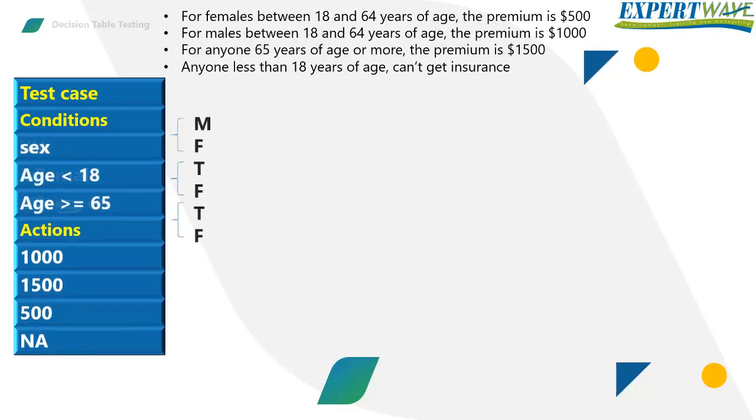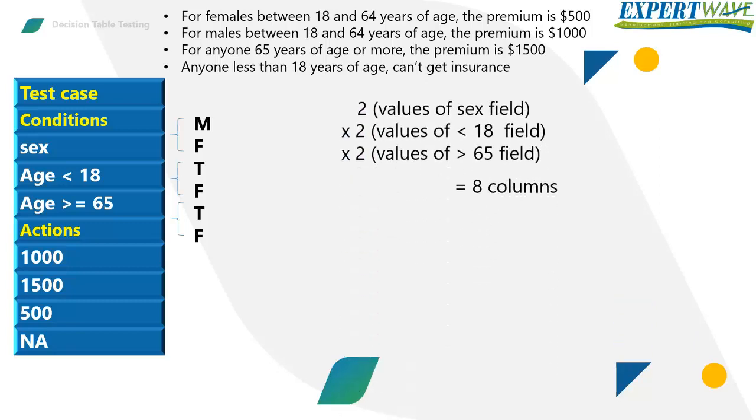Another example where I have seen most students fall into is to have the age not as a 3-value condition like I did, but as 2 different conditions. One is less than 18 and the other is greater than 65. So in our formula, instead of multiplying 2 by 3, we will multiply 2 by 2 by 2.